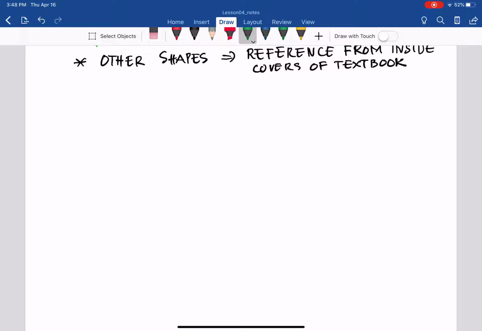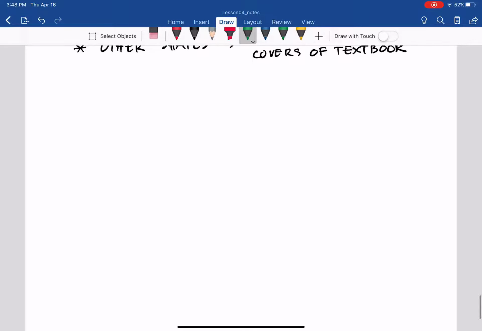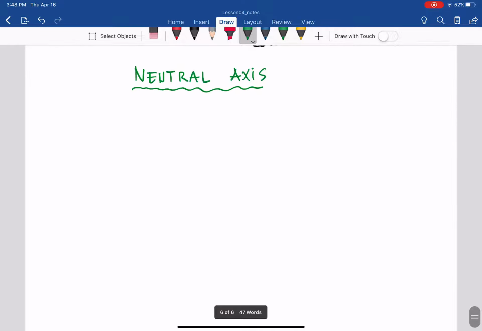So the next concept is the neutral axis. Keep that in mind. When we continue with this class, we will refer a lot to the neutral axis. So what is the neutral axis? By definition, it is a line. Axis is a line, right? A line that passes through the centroid.